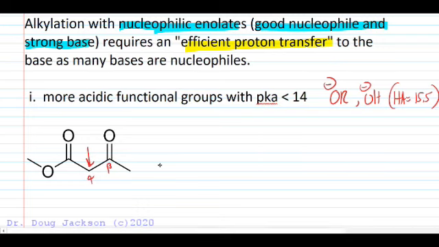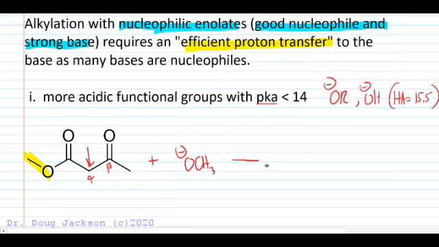So if we add our base, and here, because we have an ester, to prevent transesterification, we want our base to match the ester group. If there were no ester, we could use hydroxide, no problem, like with a beta diketone. Here we want to match up.